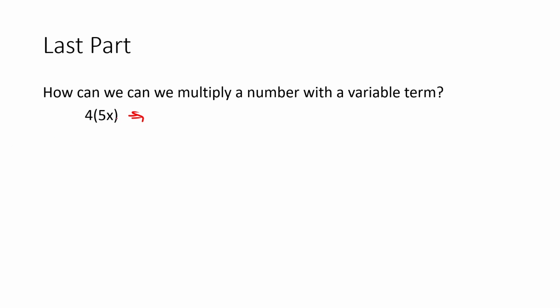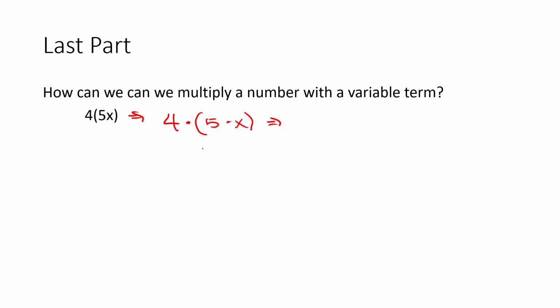What are we doing with 4 and 5x? We're multiplying, right? So essentially we're multiplying 4 times, and then what is the operation? What are we doing with 5 and x? Are we adding them, subtracting them, multiplying them, dividing them? We're multiplying them. So we have 4 times on the outside, and we have 5 times x on the inside.